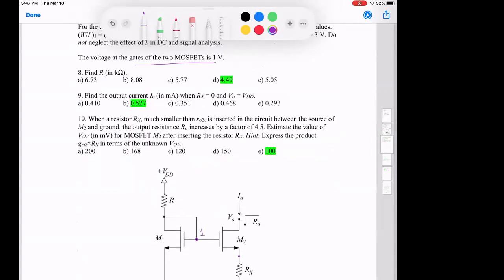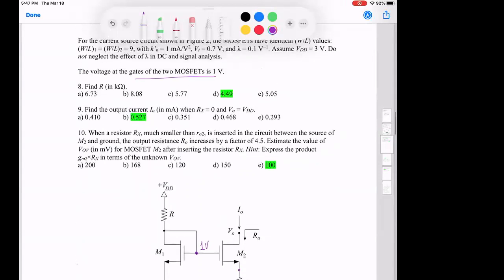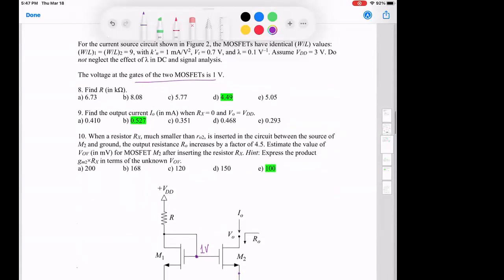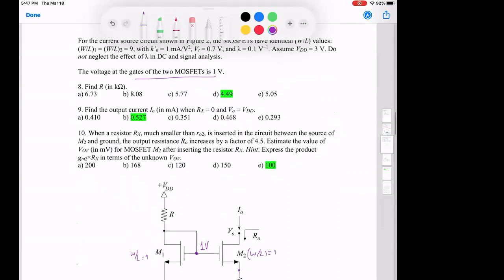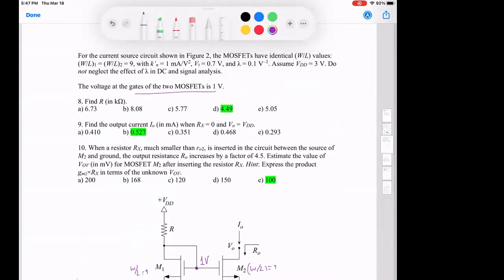So this is designed to give me 1 volt here. I have W by L1 equal W by L2 equal to 9. Okay, and I have K prime and VT and lambda. And VDD is 3 volts.